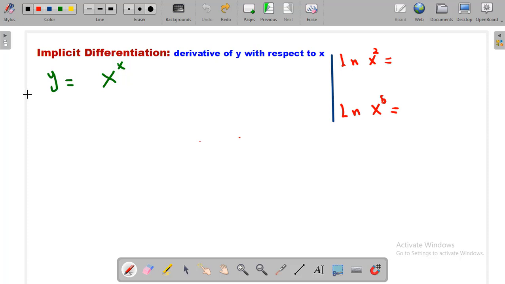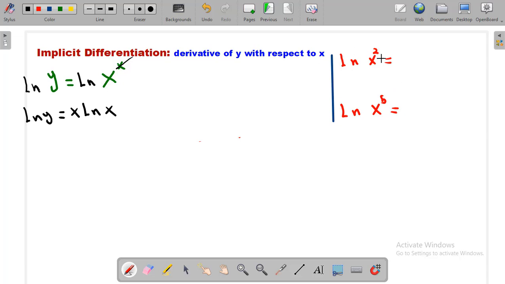Ln left and ln right. Now drop x here. Ln y equals x times ln of x.